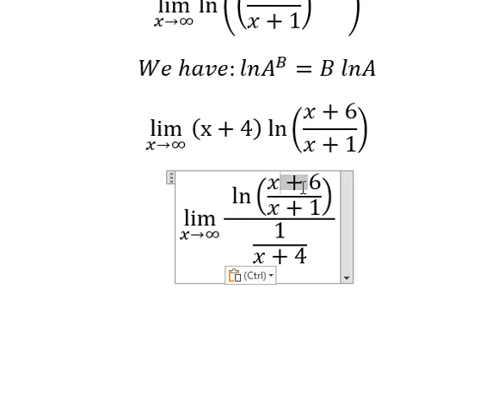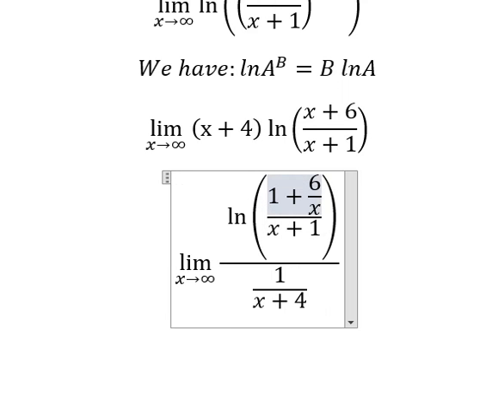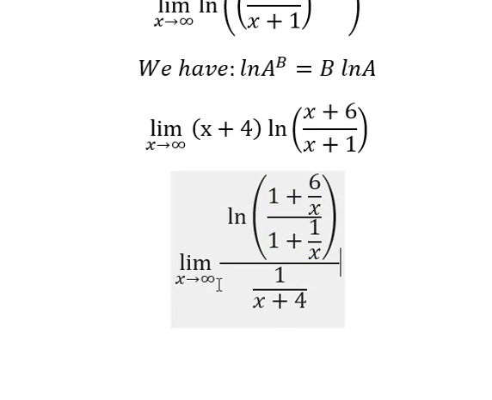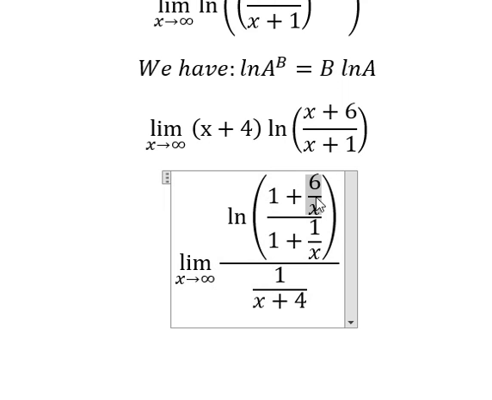For this one, we divide both sides by s on numerator and denominator. So when s approaches positive infinity, this one you get about 0, 0.